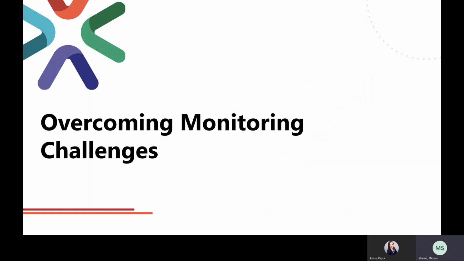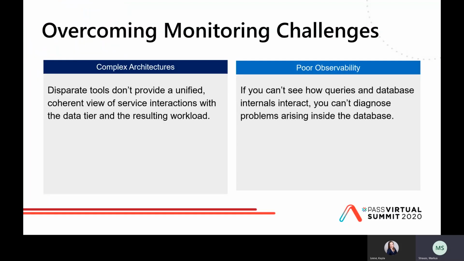So, overcoming the challenges, I would want us to go back to the beginning of the conversation when we started looking at the challenges. I boiled them down into essentially two different challenges. One is the complex architecture, and the second is poor observability, meaning lack of instrumentation and things like that. And the interesting bit is that complex architecture isn't a challenge.